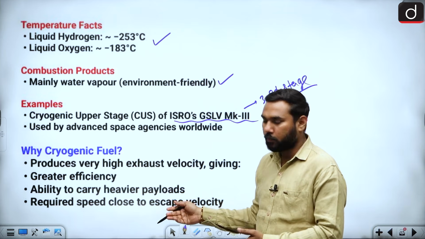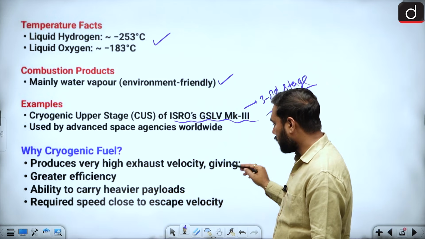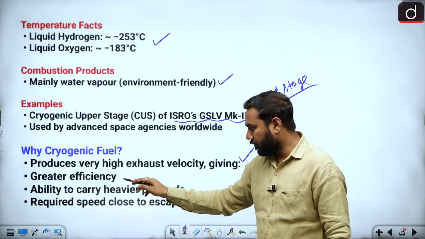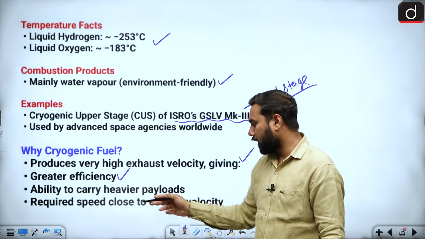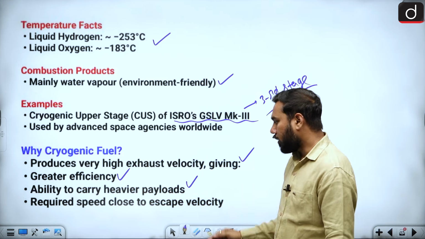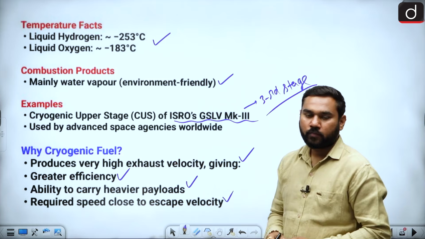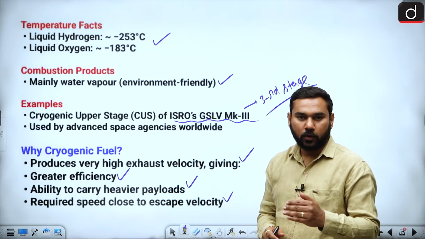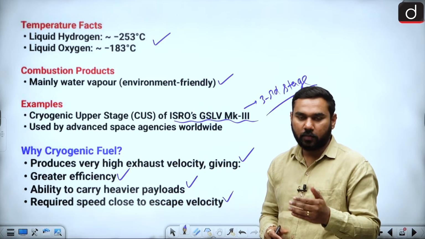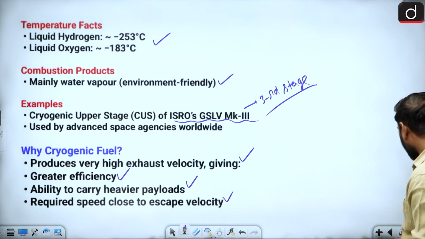Why is it more important? Because it produces very high exhaust velocity, great efficiency, and the ability to carry a heavier payload. This is our actual requirement, and the required speed to reach escape velocity. It means Earth's gravitational pull can be balanced very easily by cryogenic. So this is very important and very strategic.